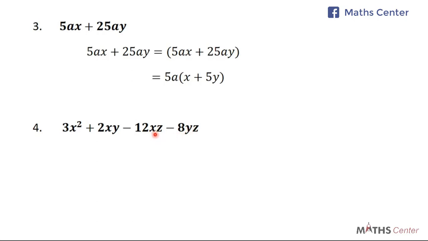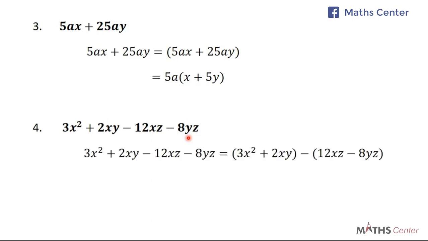We can see that they also have z in common. And here there is a number that can divide both 12 and 8, so that they also have that in common, so we can group them. So we group them by putting a bracket around them. So you put a bracket around the first 2, then you put a bracket around these ones also.